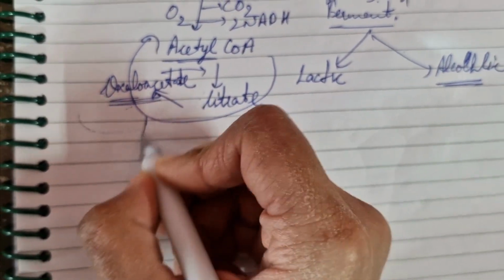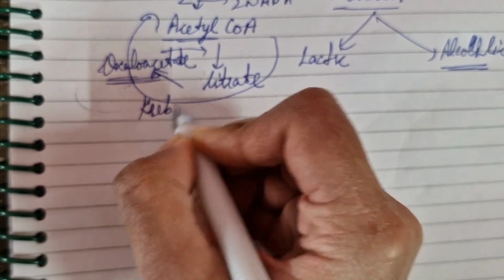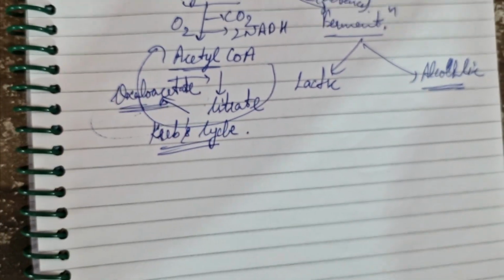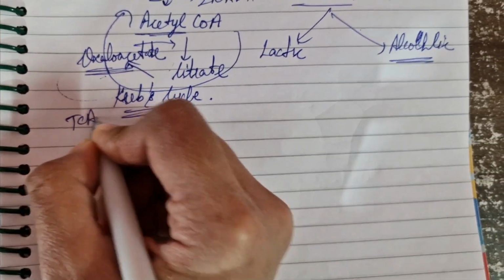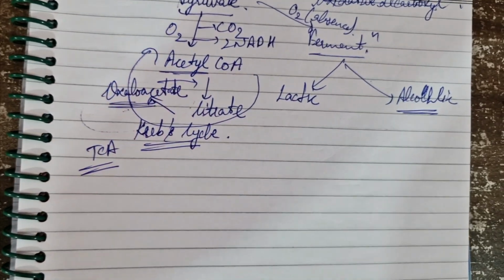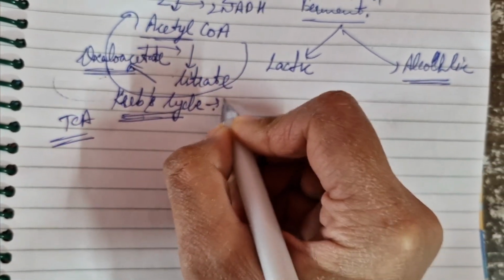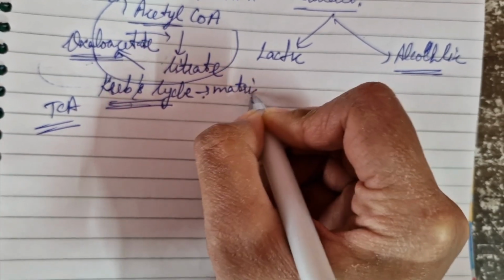This cycle is termed as Krebs cycle or tricarboxylic cycle, that is TCA cycle. Krebs cycle takes place in the matrix of mitochondria.